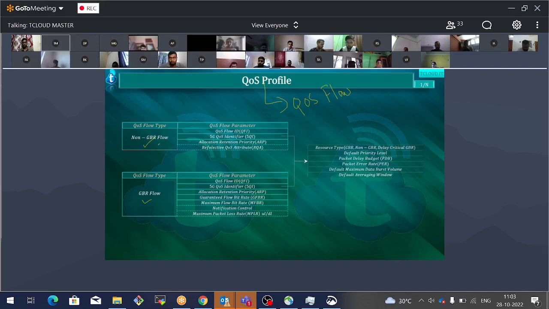In case of non-GBR, you get these four properties. One of them is optional, may or may not be there, but you get at least three properties. In case of a GBR flow that is getting set up, you get these five properties mandatorily, and these two properties optionally: notification control and maximum packet loss rate.